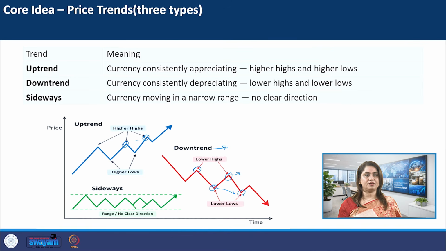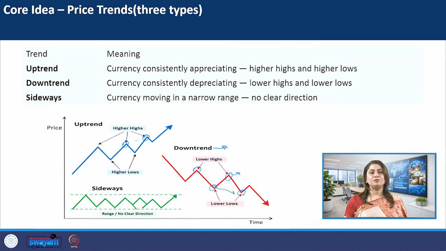There are three types of trends: an uptrend where the currency is consistently appreciating, making higher highs and higher lows with each passing period; a downtrend where the currency is consistently depreciating, making lower highs and lower lows; and a sideways trend where the currency is moving in a narrow range with no clear direction, suggesting the market is in a period of indecision.